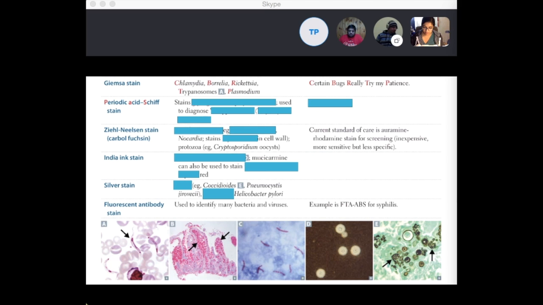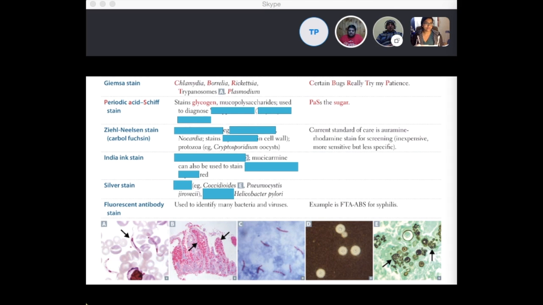I'm going to start by asking, what type of substance does the periodic acid-Schiff stain? Polysaccharides? Yeah. You can remember it by "past the sugar" for glycogen and polysaccharides. What can it be used to diagnose?